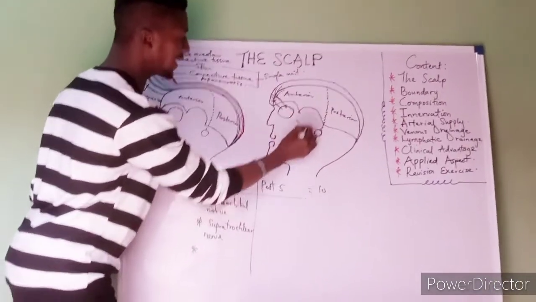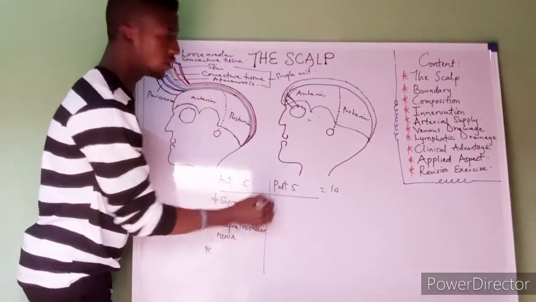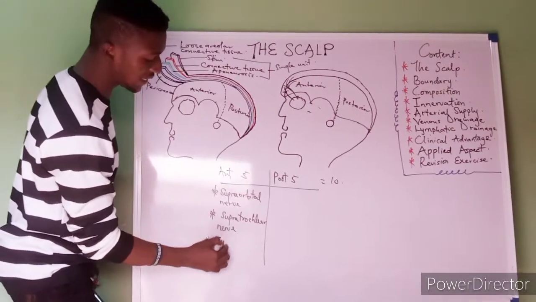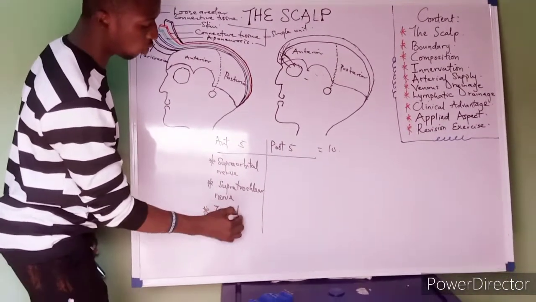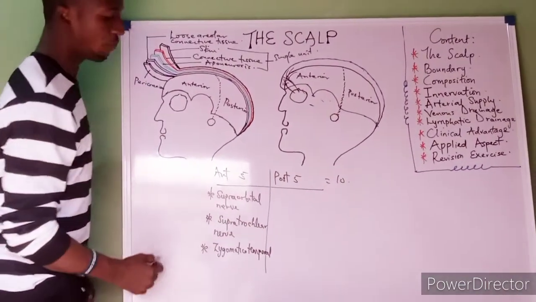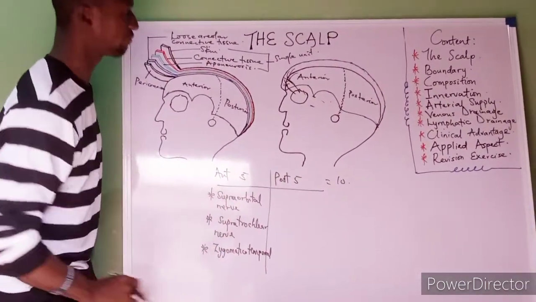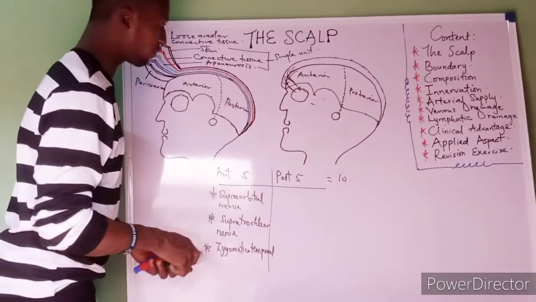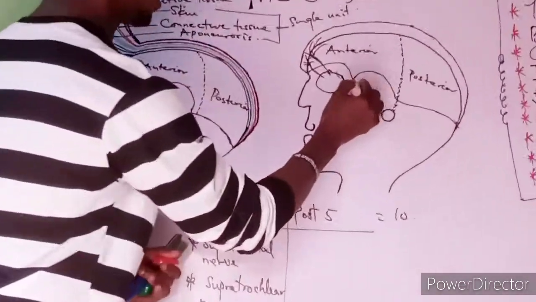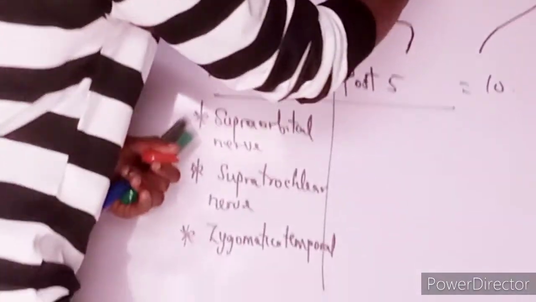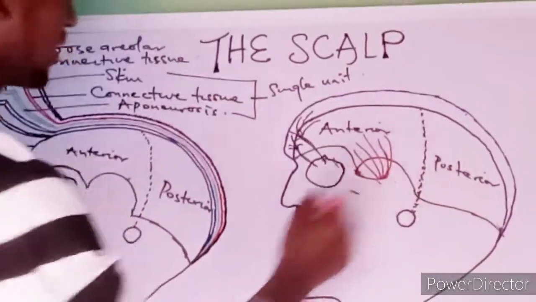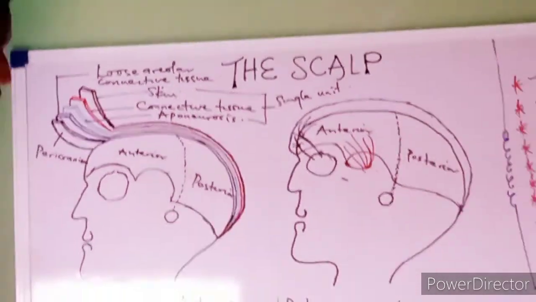So we'll call it the zygomaticotemporal nerve. This nerve arises from this region and supplies the lateral side of the scalp.